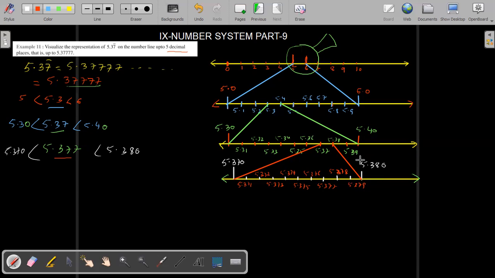So you can check. So now the next line will be between 5.377 and 5.378.